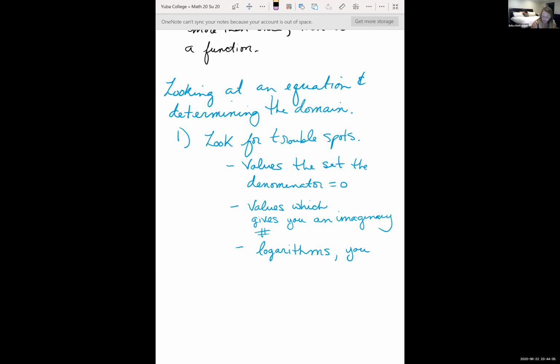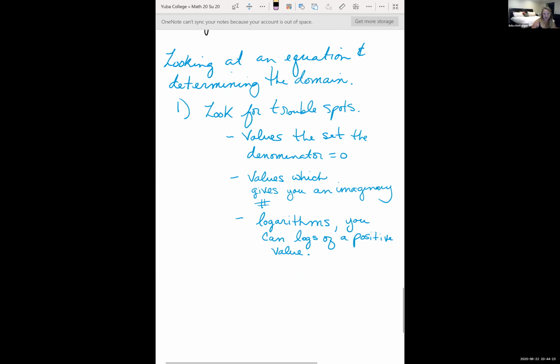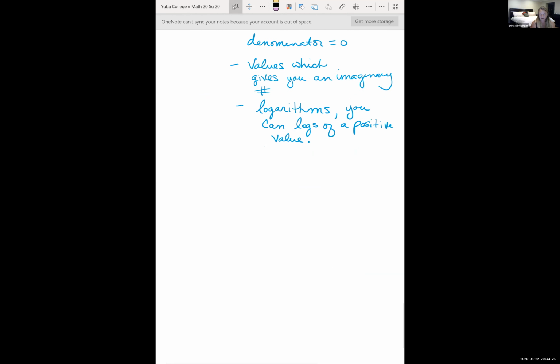With logarithms, you can only take logs of a positive number or positive value. So if you had a value of x which gave you a log of a negative number, we'd have to exclude it.